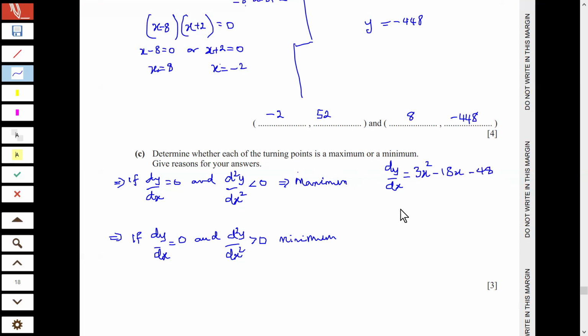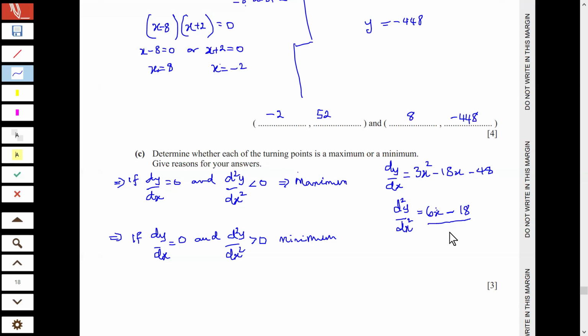Now, the second derivative, d squared y over dx squared, means we have to differentiate dy/dx further. That's why it's called the second derivative. So differentiating, 2 times 3 gives us 6x, and minus 18. So the second derivative gives us 6x minus 18.